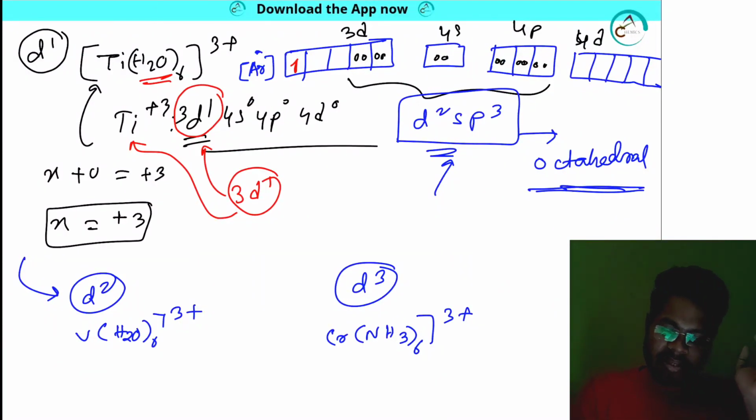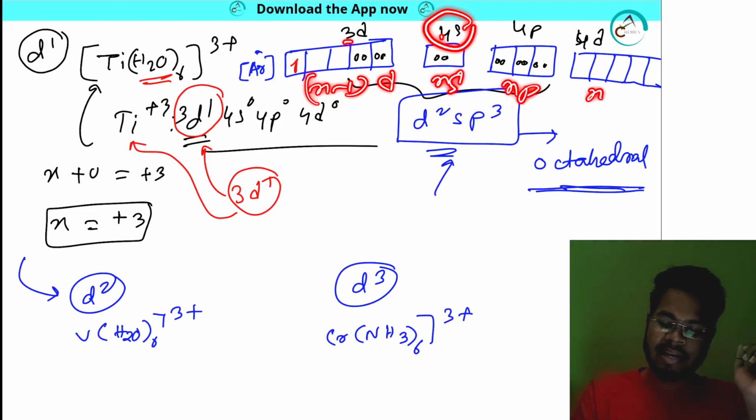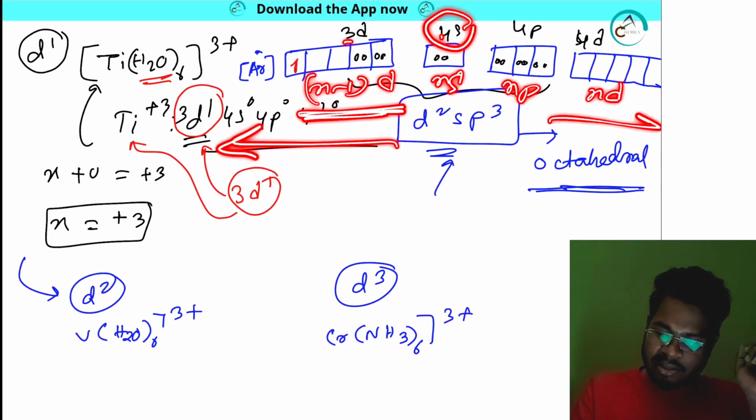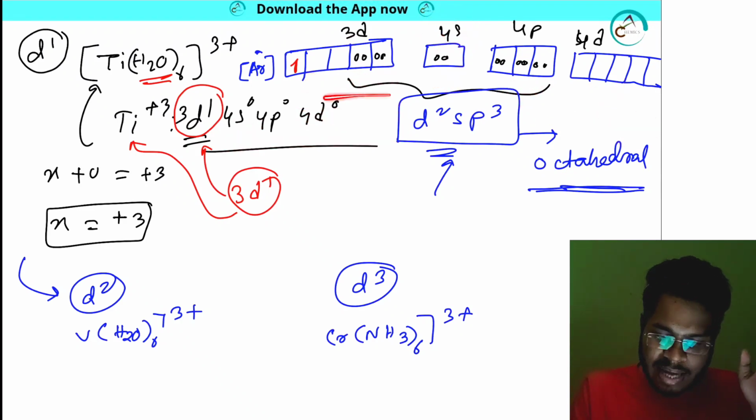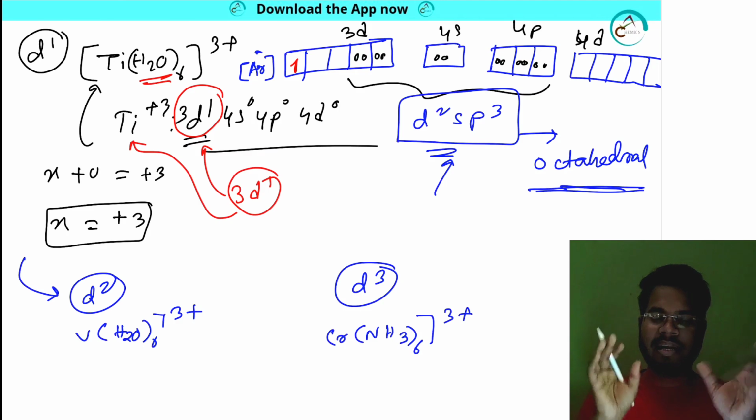If you see that this is 3d and this is 4s, 3 and 4. This is (n minus 1)d, this is ns, this is np, and this is nd. So one is (n minus 1)d, which is called inner d, and nd, which is called outer d. Those can participate in metal ligand interaction.